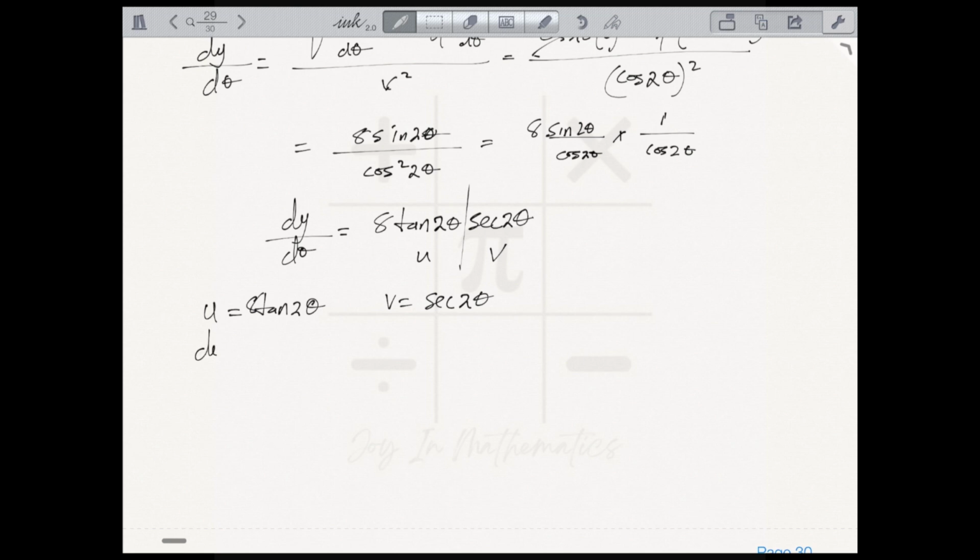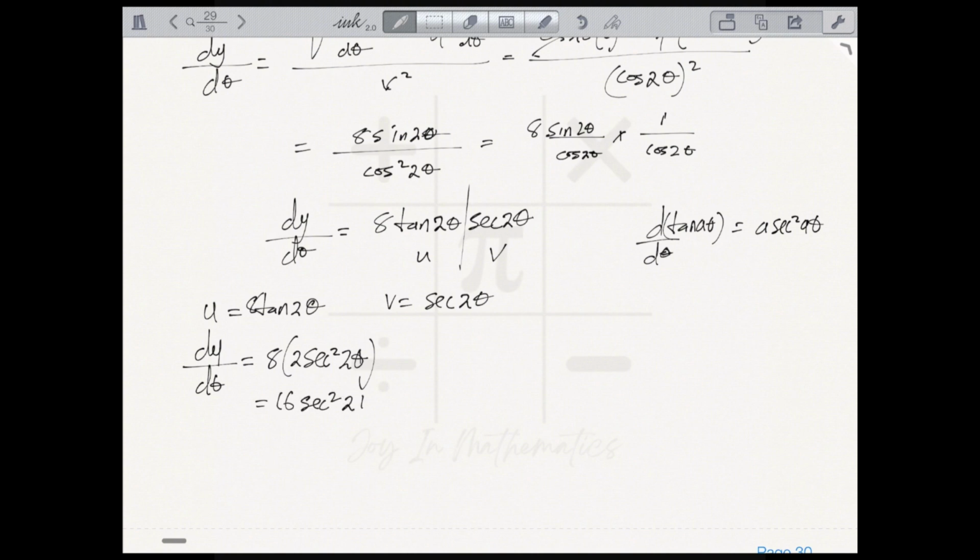Then our du d theta is going to give us 8 into 2 sec squared 2 theta, because when we differentiate tan a theta, or tan ax, it is equal to a sec squared a theta, and this will give us 16 sec squared 2 theta.